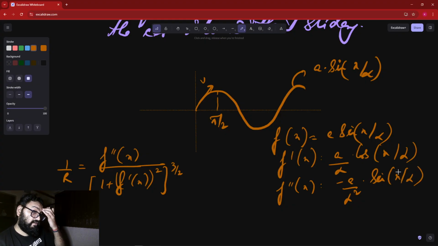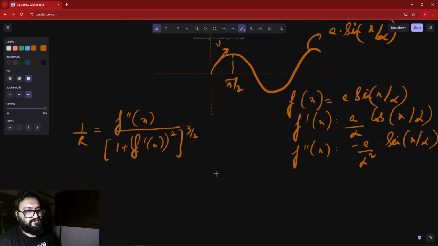Now the centripetal force that the car will need such that it moves with a constant speed with a particular radius of curvature would be nothing else but mv square by r.